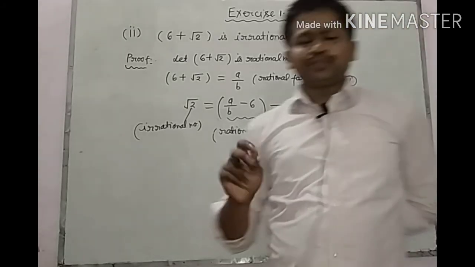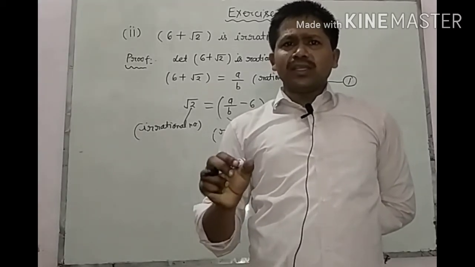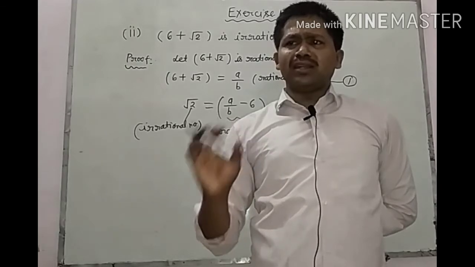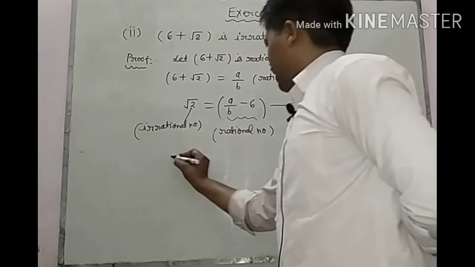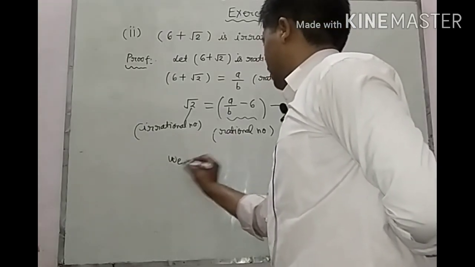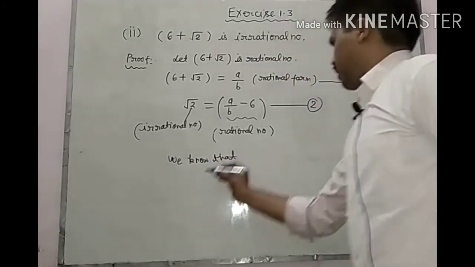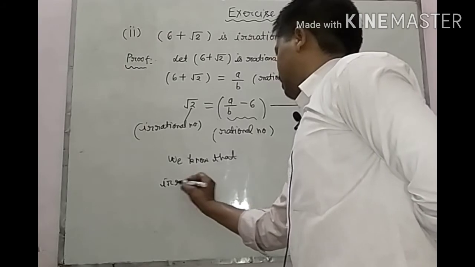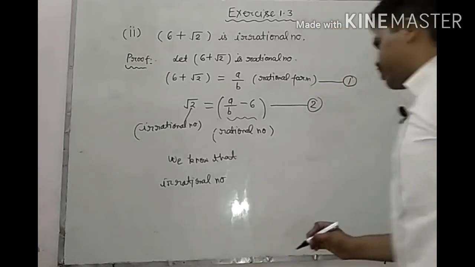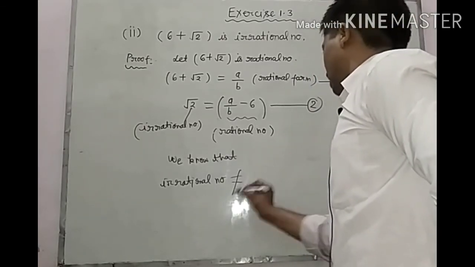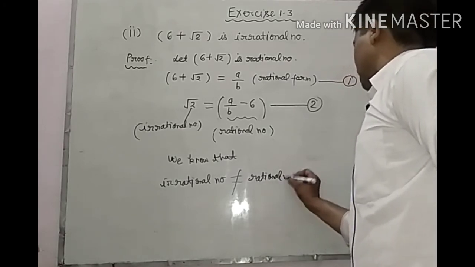Students, we know that a rational number and an irrational number cannot be equal to each other. So an irrational number cannot be equal to a rational number.